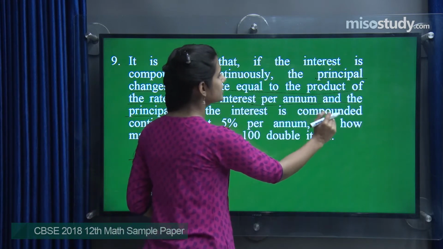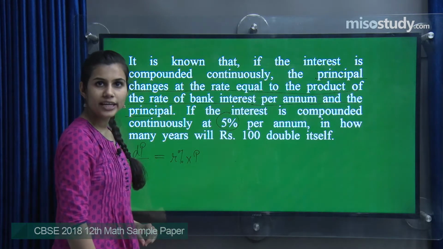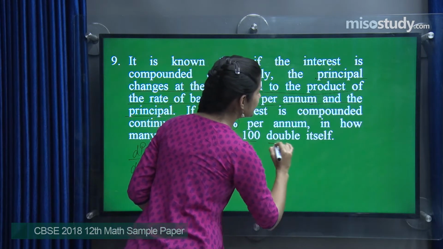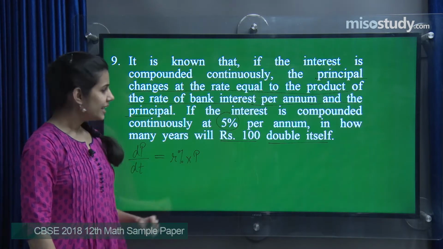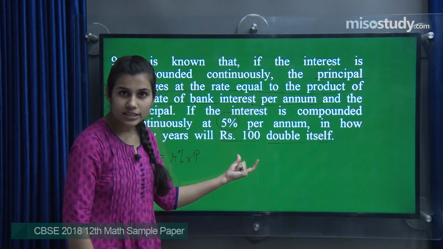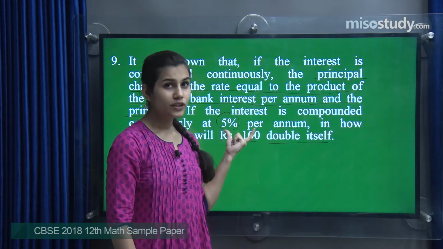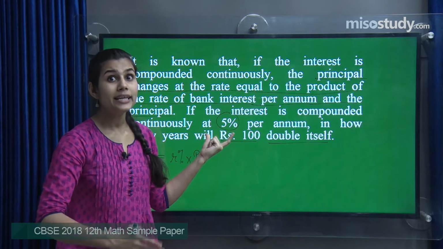If the interest is compounded continuously at 5% rate per annum, in how many years will rupees 100 double itself? That is what we need to find. Initially, you have rupees 100, and you wish to get rupees 200. Then, if the rate is 5% which the bank is charging, in how many years?